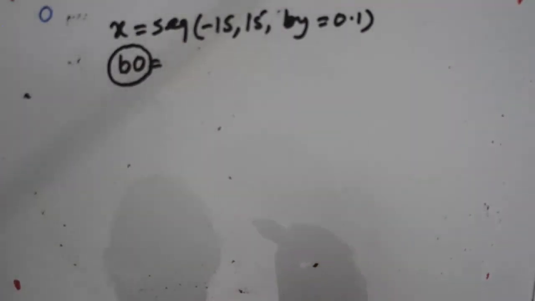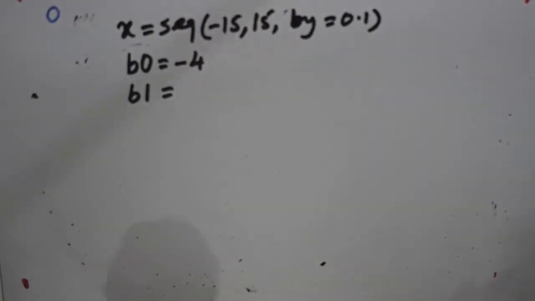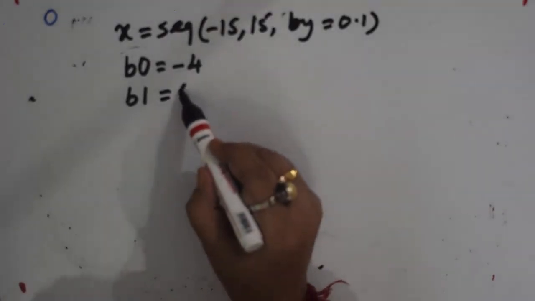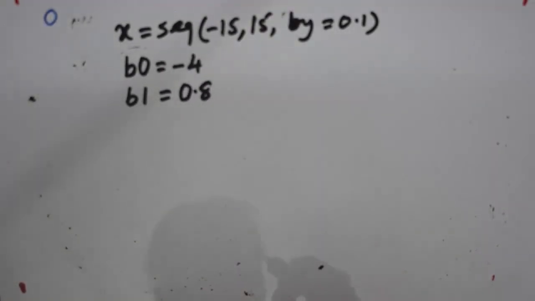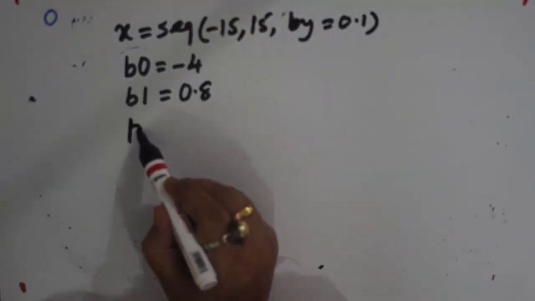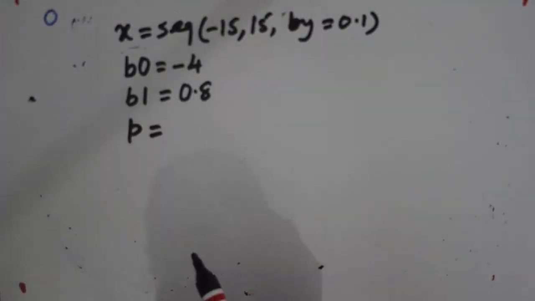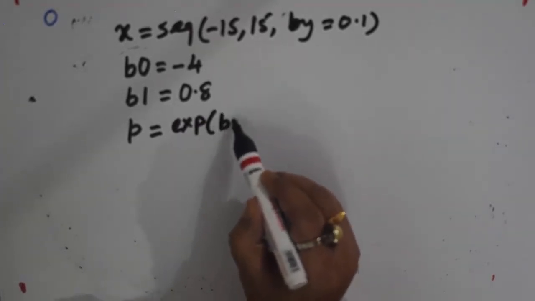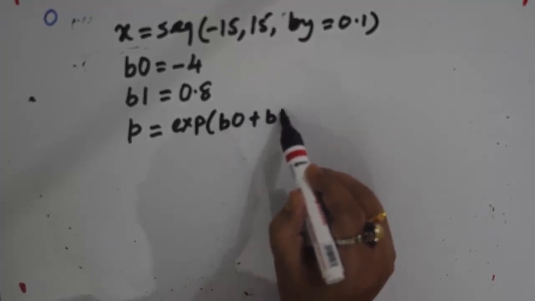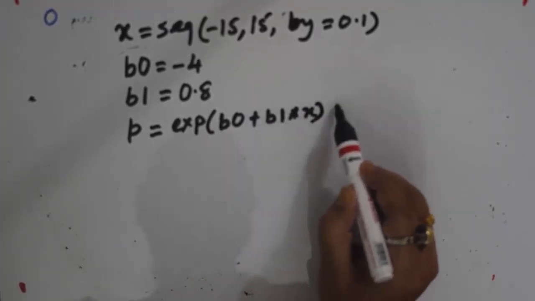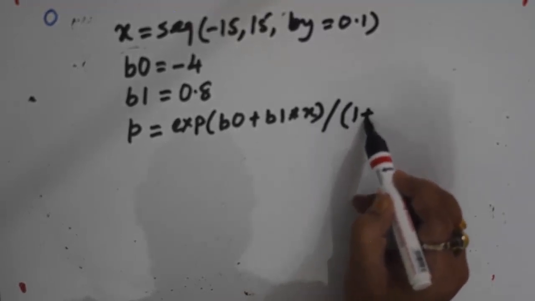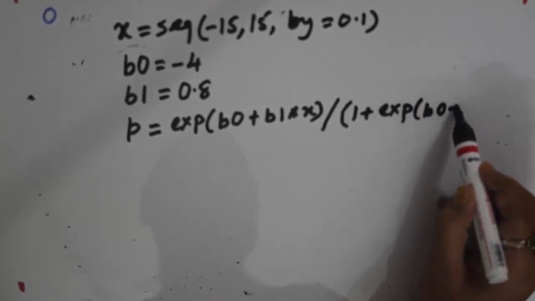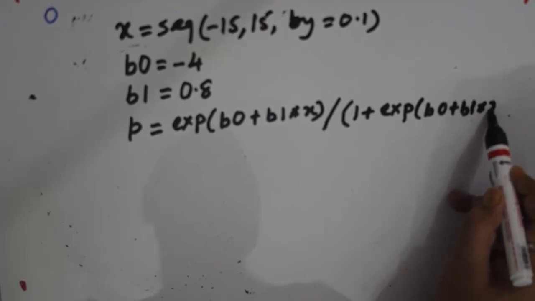B naught for beta naught, B1 equal to 0.8, P equal to exp(B naught + B1 x) divided by 1 plus exp(B naught + B1 x).